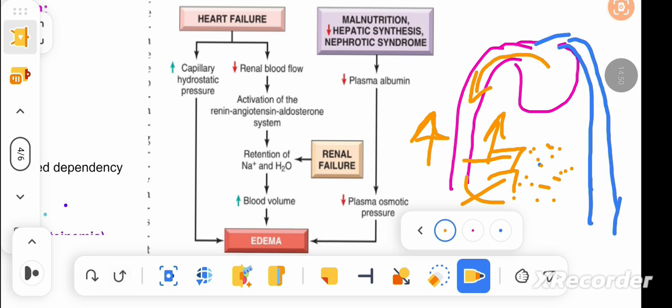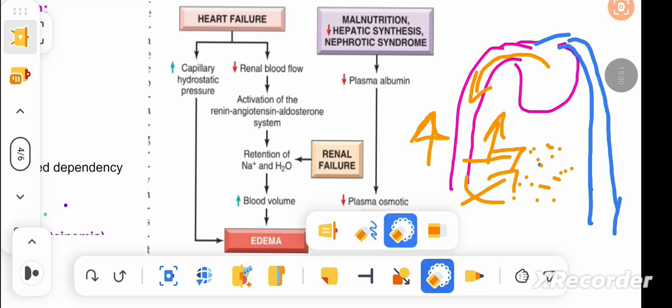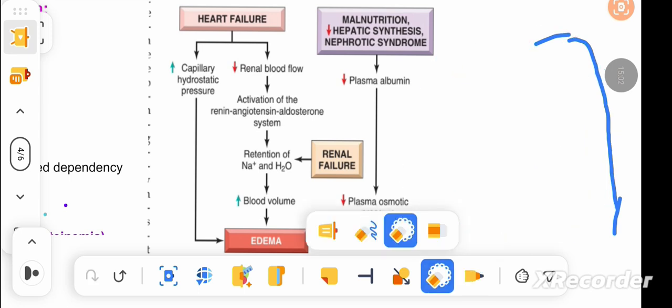Apart from that, heart failure can cause reduced renal blood flow. Okay, so the blood which is supplied to the kidneys will be reduced.